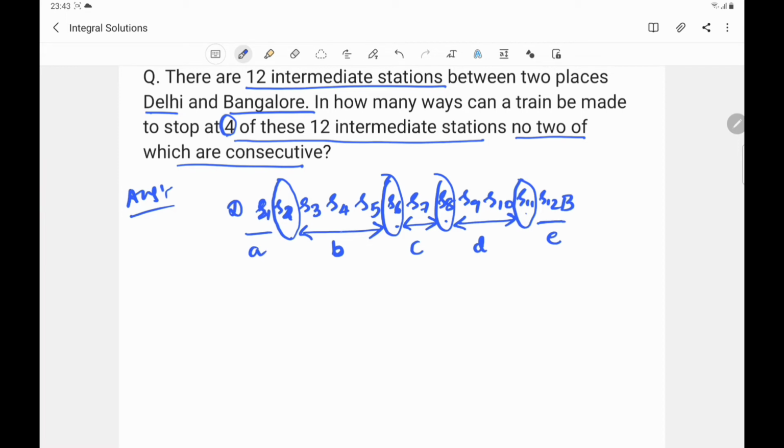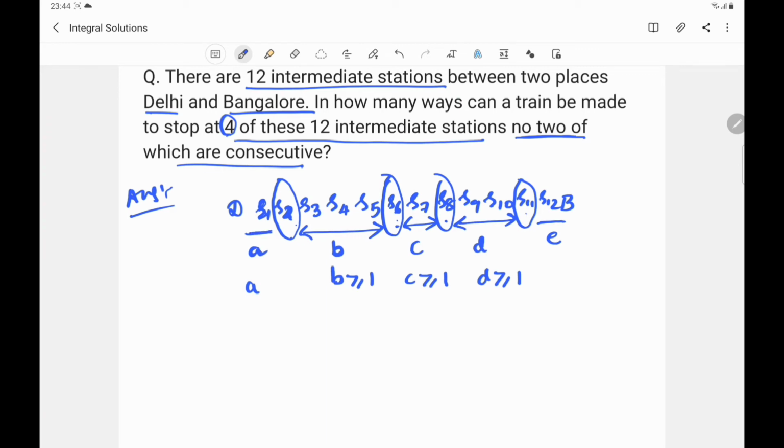Now because we have to make sure that no 2 stations at which the train has stopped are consecutive, that means I need to make sure that B is greater than or equal to 1. Similarly, C is greater than or equal to 1. Gap must be at least 1. And D is greater than or equal to 1. Now what about A and E?